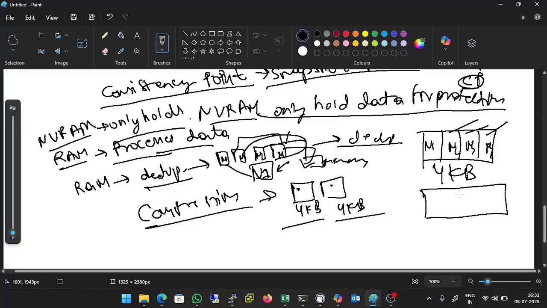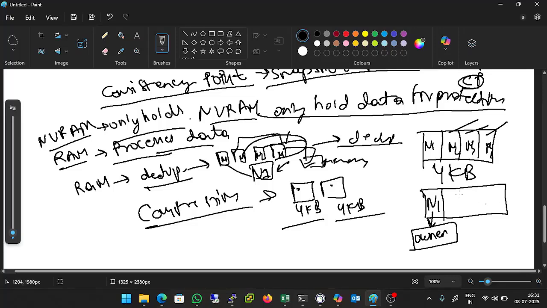So what exactly happens in the compression is, suppose this is my N1, which is basically the owner, or the main data that is left by the deduplication, and all the rest of the blocks are empty.